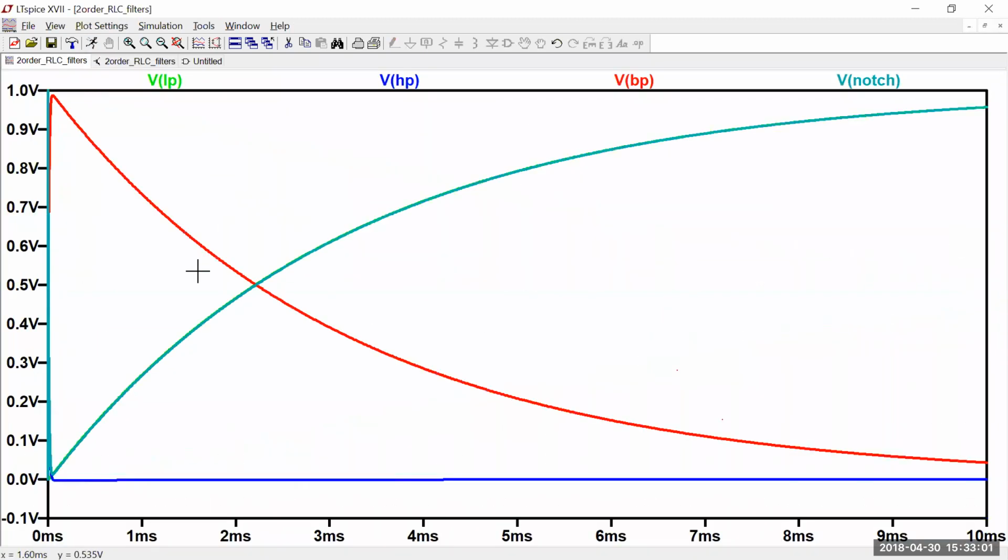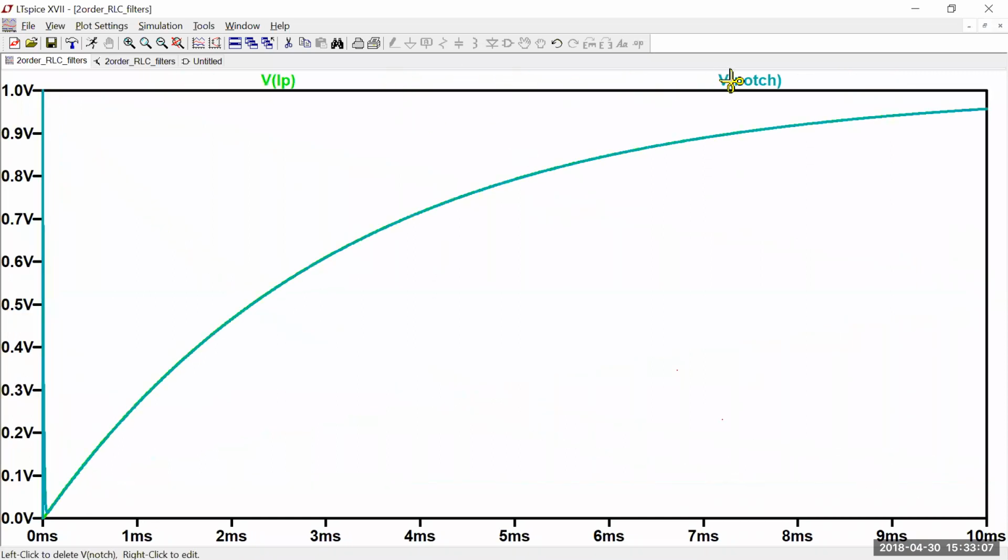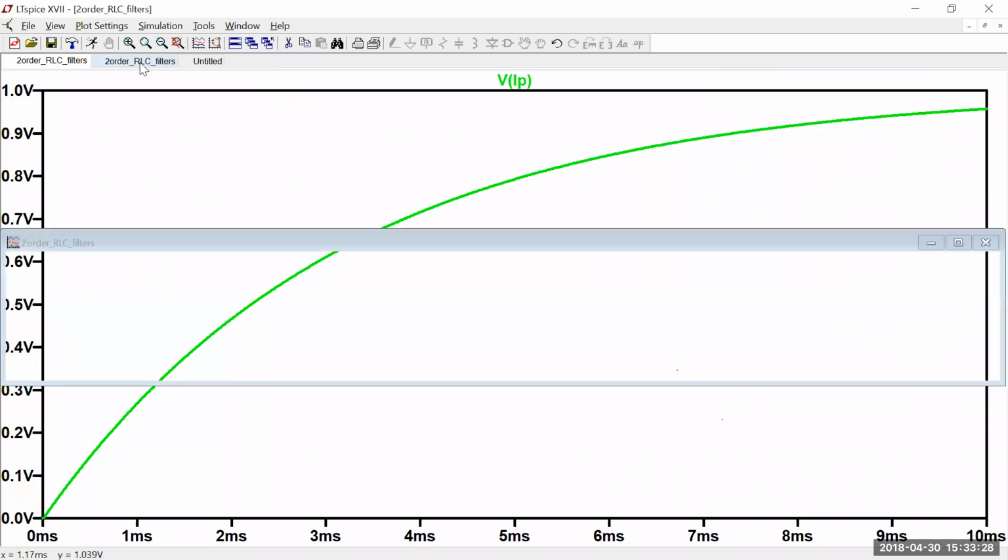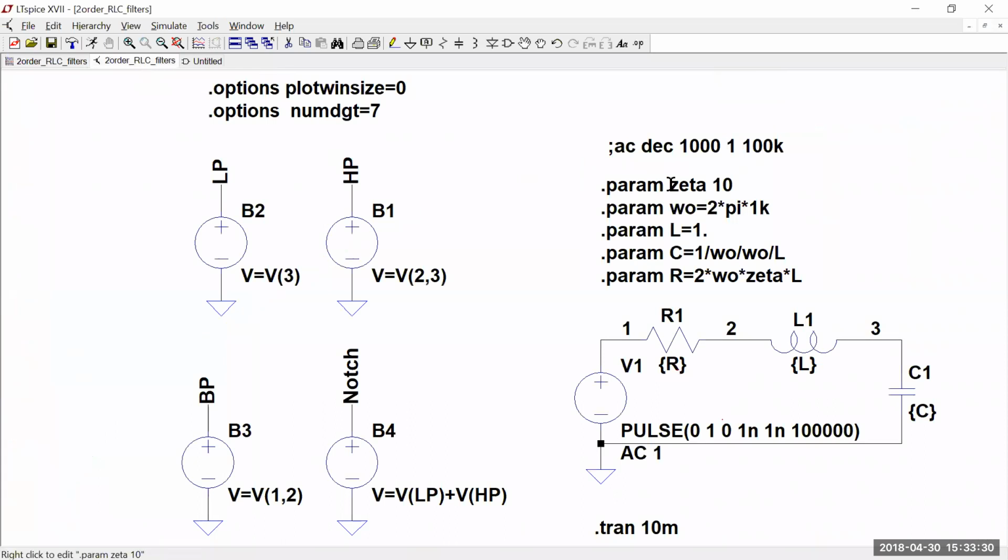Okay. Now I probably have to. Now, you really have to look hard, but you can see there's this little change in slope at the beginning, making you think, yep, that's a second order filter. All right.